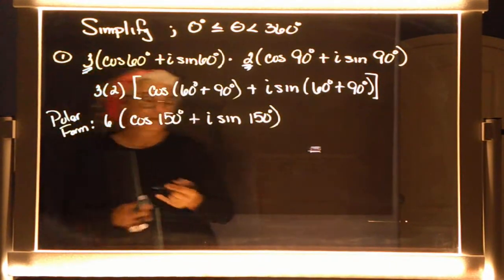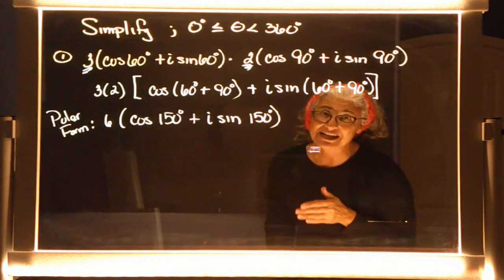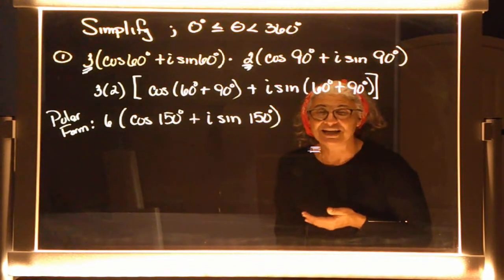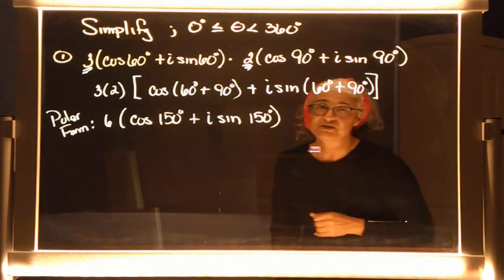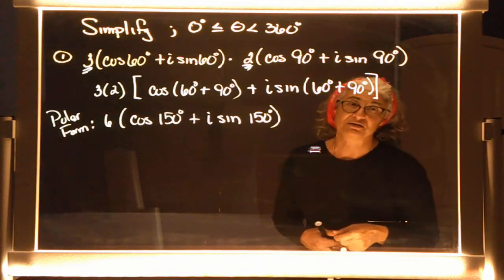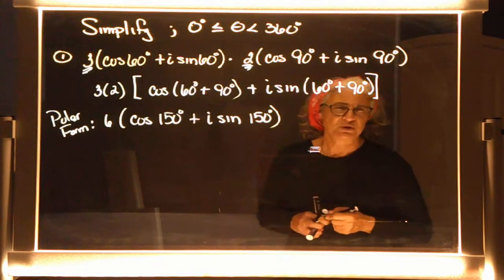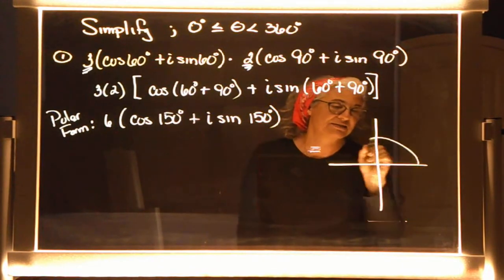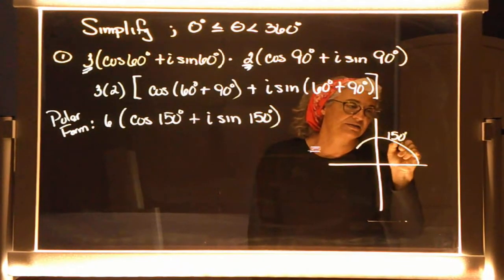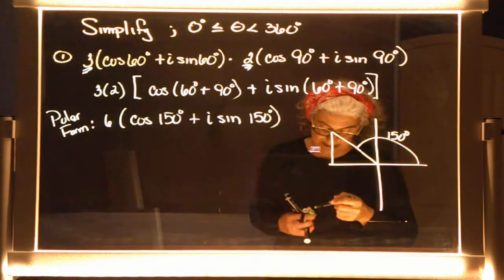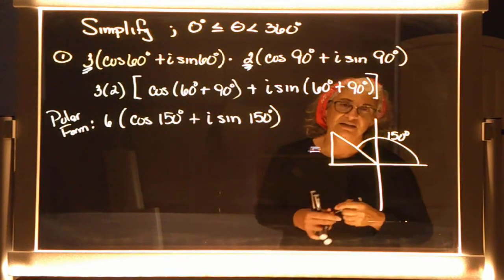But if they wanted the answer in rectangular form, we've got work to do, don't we? Yeah, we do. We need to find the cosine of 150 degrees and the sine of 150 degrees, don't we? Okay, so which quadrant is 150 degrees in? Good. It's in the second quadrant, isn't it? This is 150 degrees, which means this reference angle here is... Excellent.